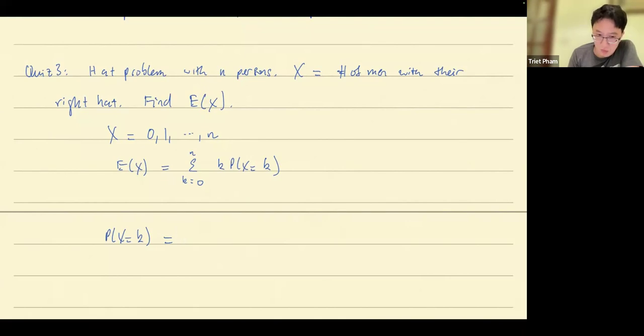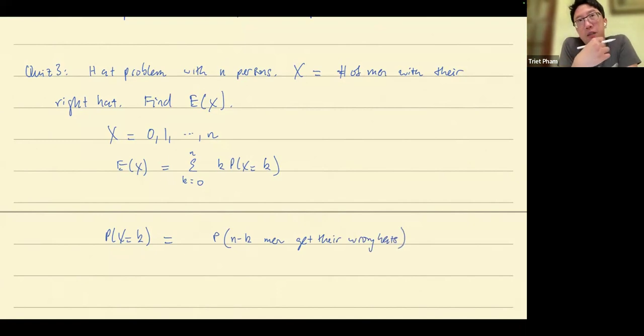Well, the answer is yes, sort of, but it's not going to be quick to write down. If X is equal to k, that means k persons get the right hat, and that means n minus k get the wrong hats.